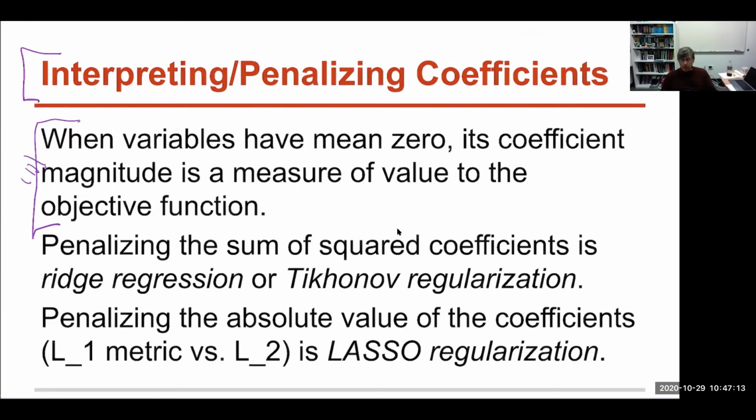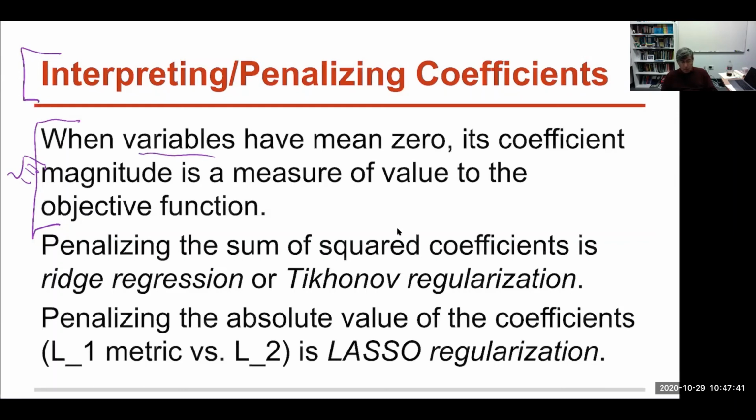If the coefficient is negative, we know that it's negatively correlated with it. So that's one way to interpret the coefficients. The sign tells us whether it's positively or negatively correlated with the target. The magnitude tells us something about how important it is, if all the variables have been properly normalized.